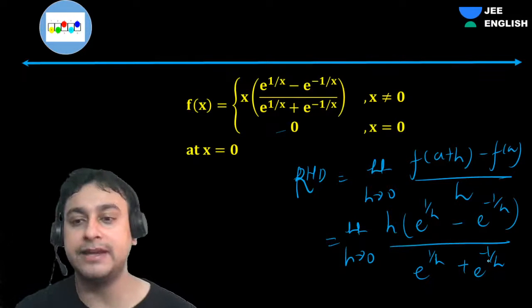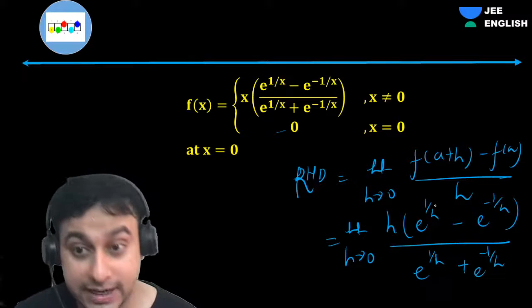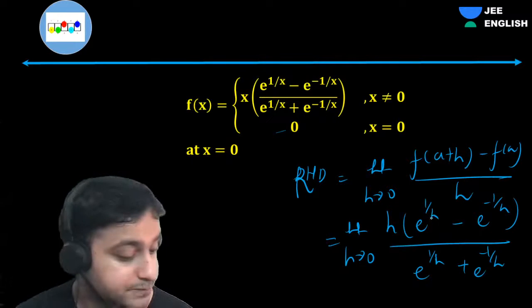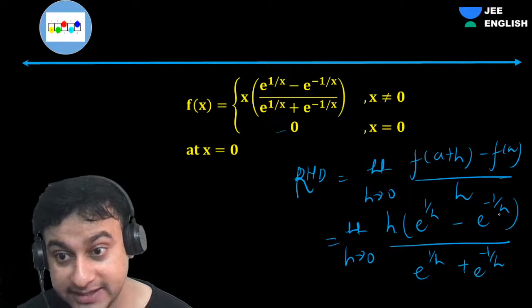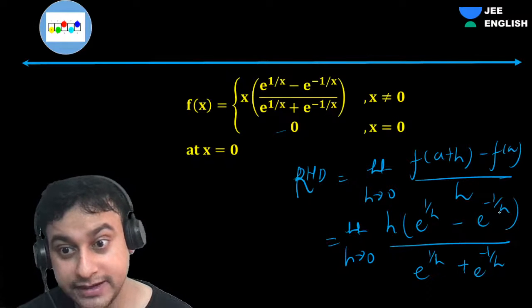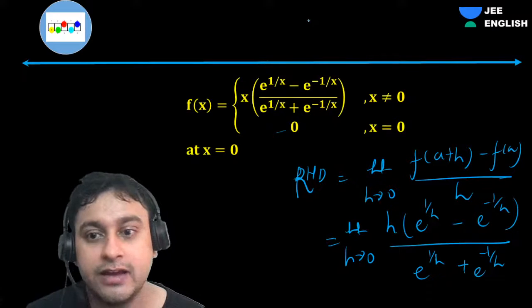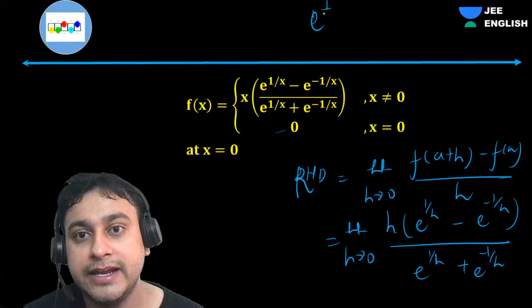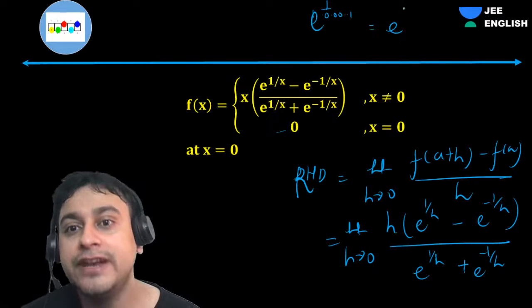Now guys, what is happening over here is h is tending to 0 plus. So this is infinity minus 0, right? Infinity. Because e power 1 by 0.0001 is e power infinity, right?